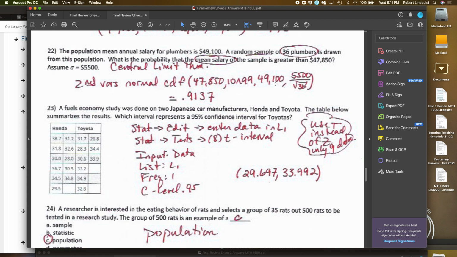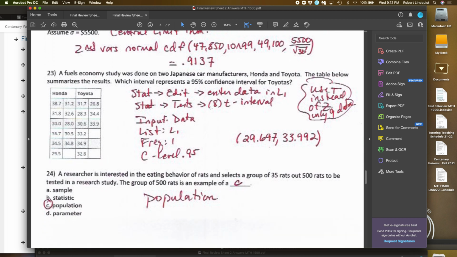The mean is 49.1, but when you do the central limit theorem, you have to remember to divide by the square root of how many there are. In this case, it's 36 plumbers. So you take the square root of that underneath the standard deviation. Crunch those numbers, you get 0.9137.